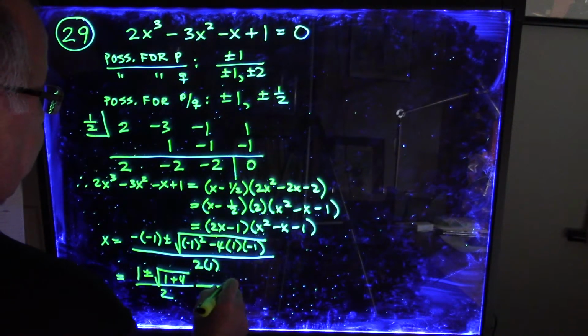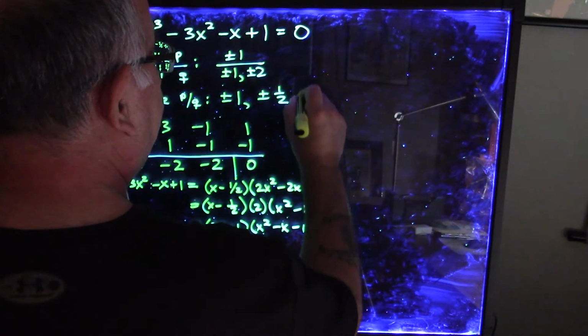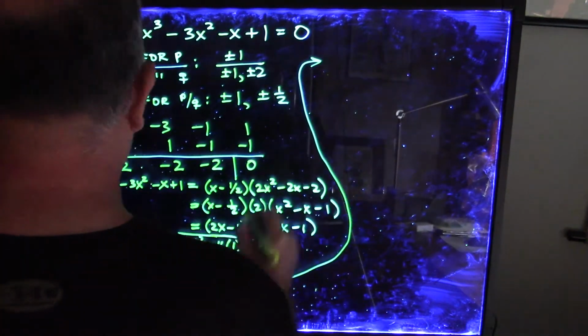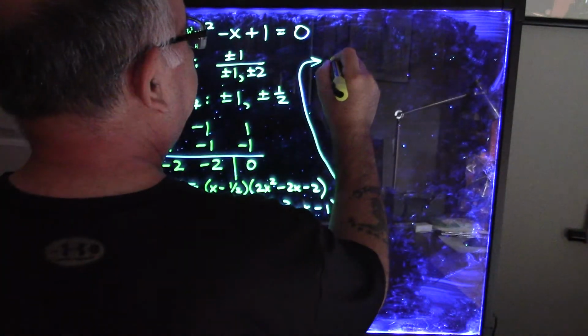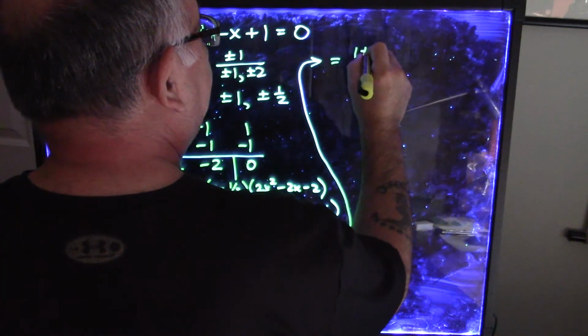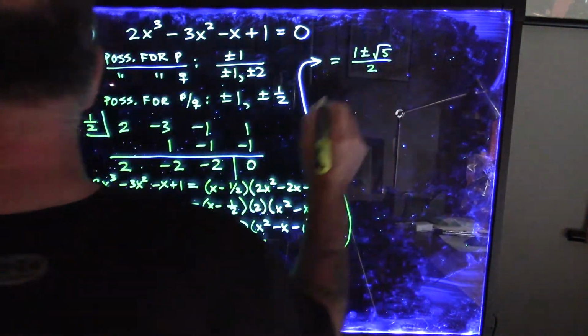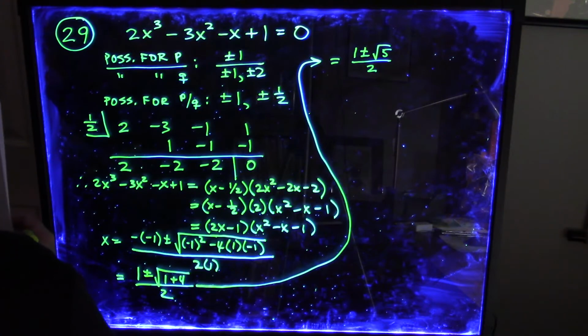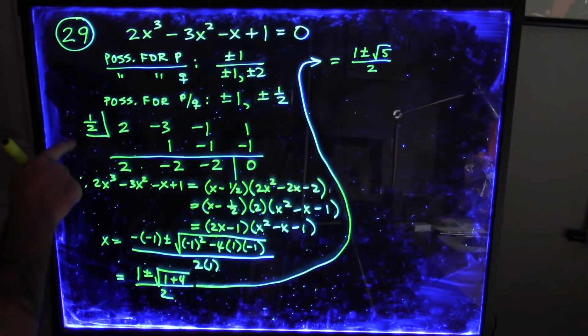And to continue up here where I have some more space, that equals 1 plus or minus square root of 5 all over 2. And so what are the zeros? We've got 1/2 coming from this one here.